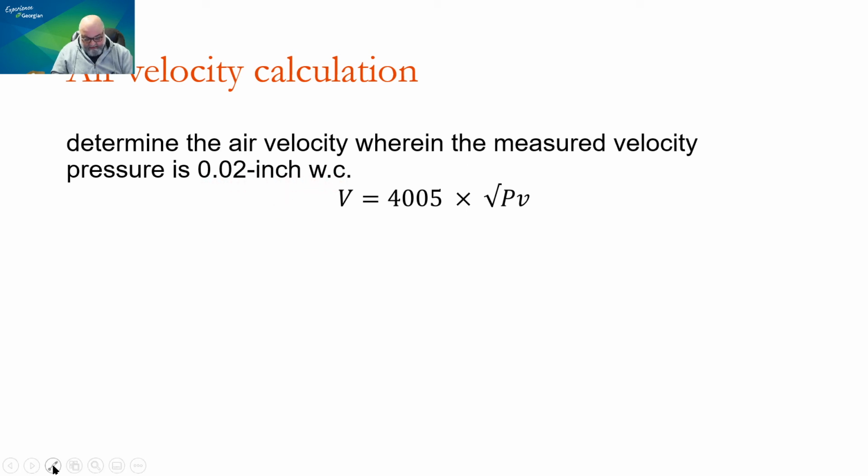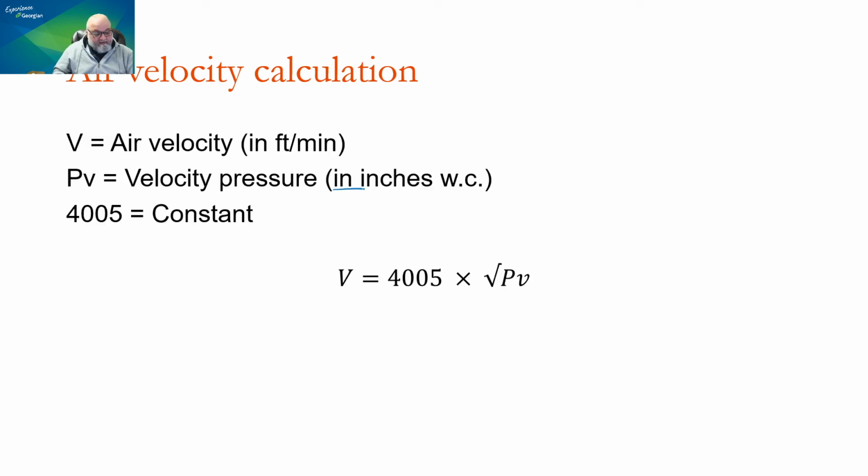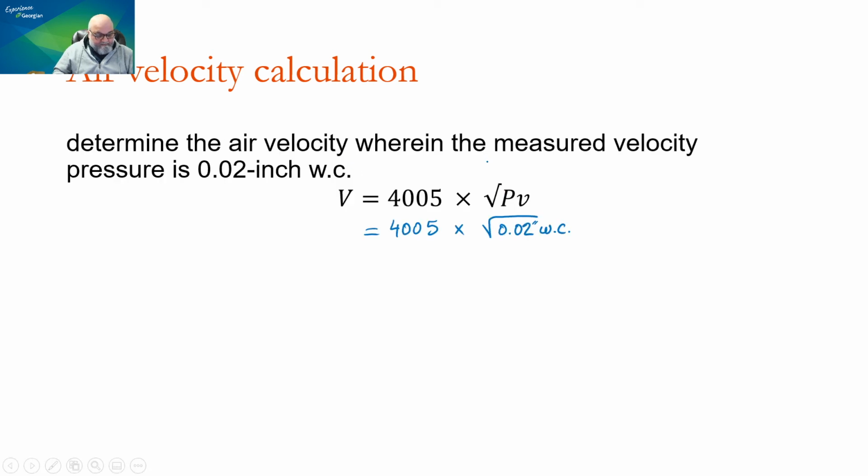Can we do that? All right, let's try. We're going to say 4005 multiplied by the square root of the velocity pressure of 0.02 inches of water column. Remember, velocity pressure is measured in inches of water column.